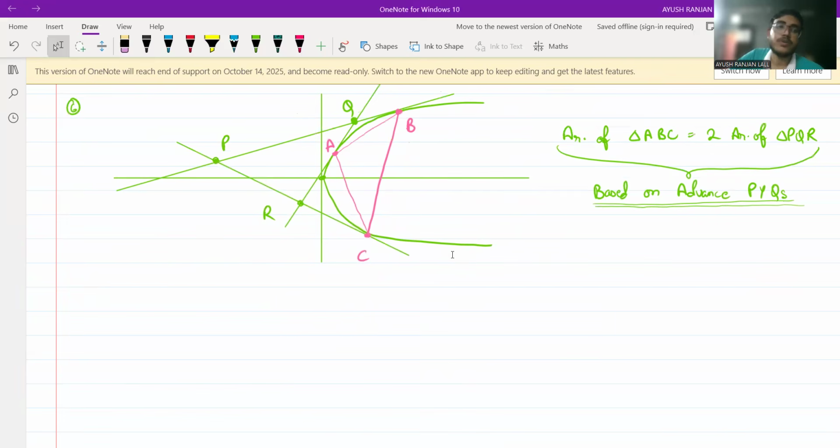Those who haven't studied or don't have a clear concept of parabola can see this and start doing questions. If you have any doubt, you can ask in the WhatsApp. Then start practicing. I will share this with you.